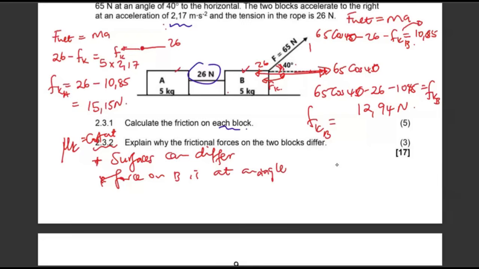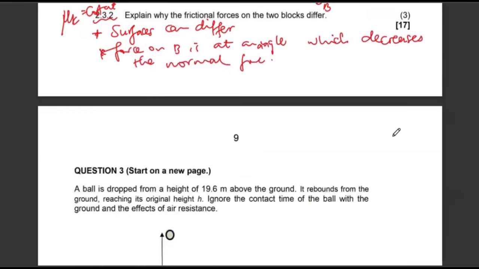It's at an angle which decreases the normal force.